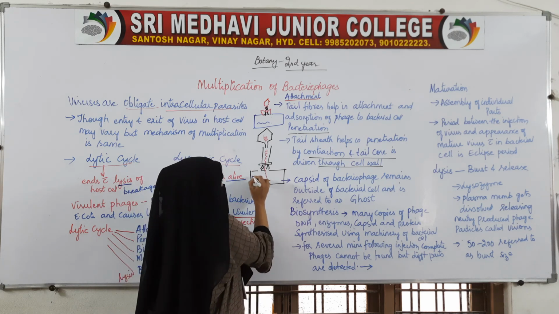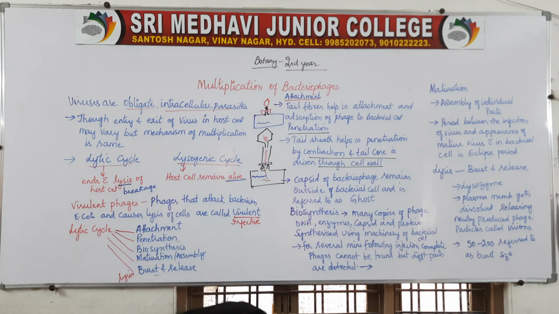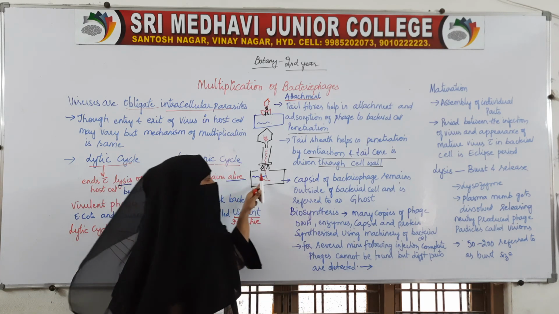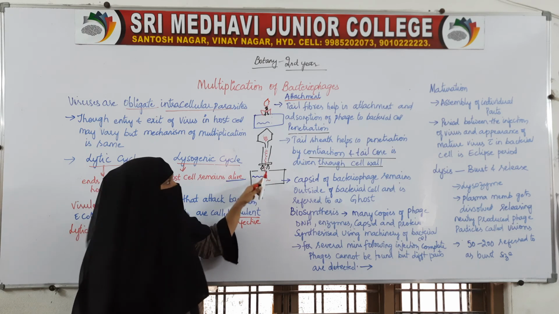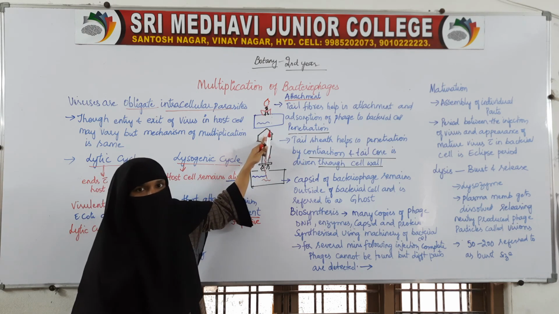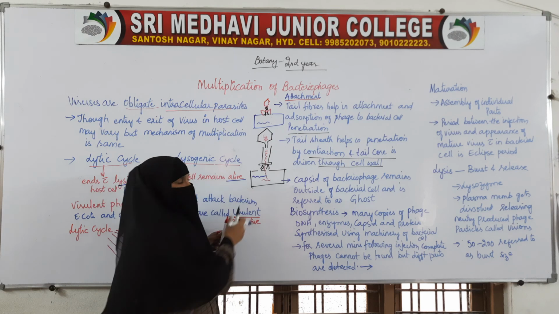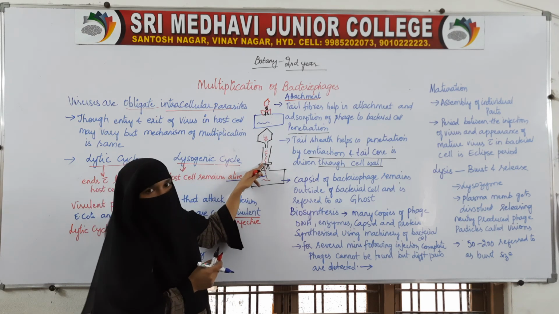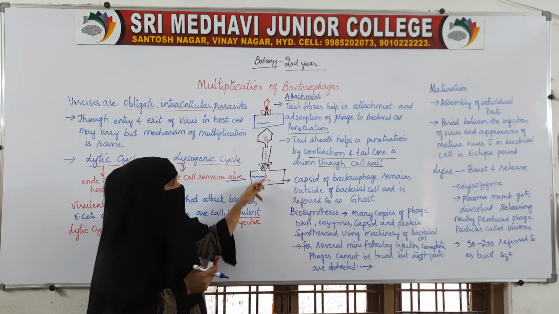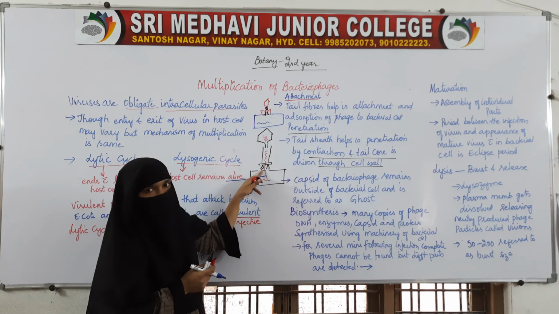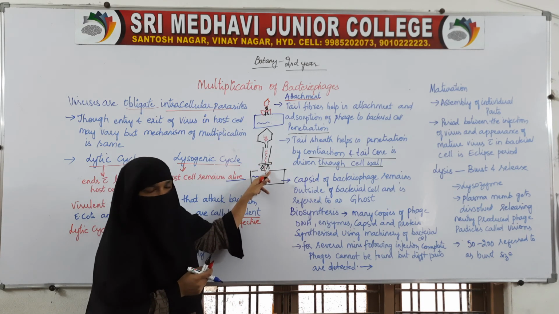This is the bacterial DNA and this is the viral DNA. This viral DNA, which was in the head, has been transferred through the tail into the bacterial cell by the tail pins and the tail fibers.